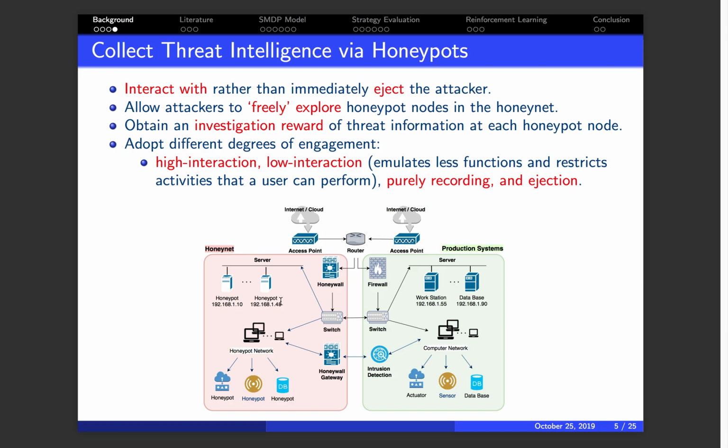At different nodes, the defender could choose different degrees of engagement, for example, high or low interaction, purely recording, or ejection. Low interaction just means the honeypot emulates fewer functions and restricts the activities of a user.